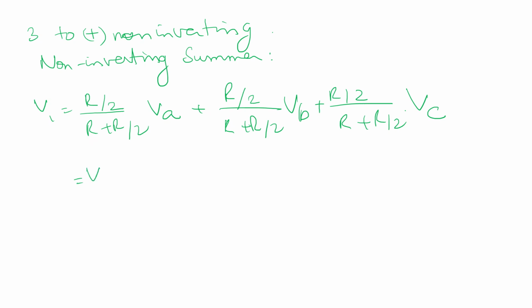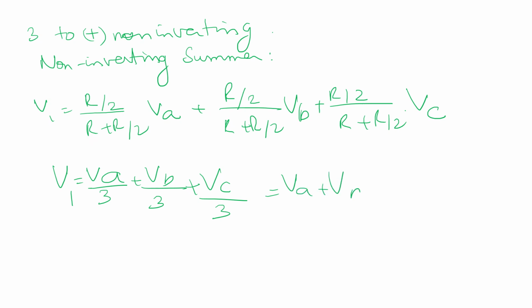Simplifying, we get V1 equal to VA by 3 plus VB by 3 plus VC by 3, which is VA plus VB plus VC divided by 3.